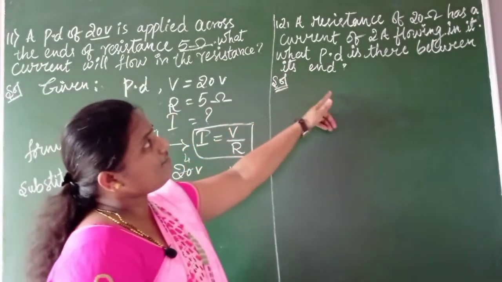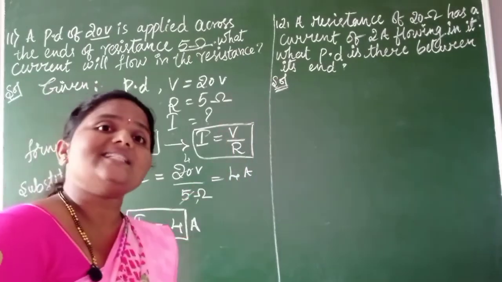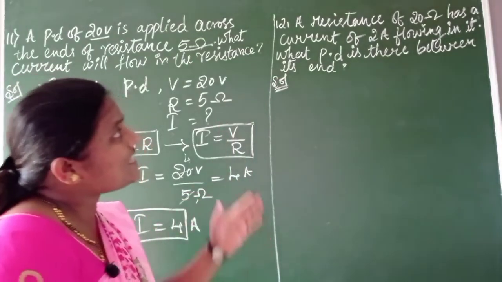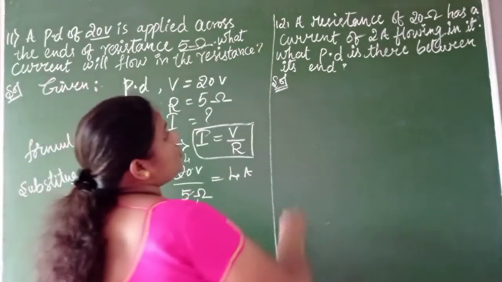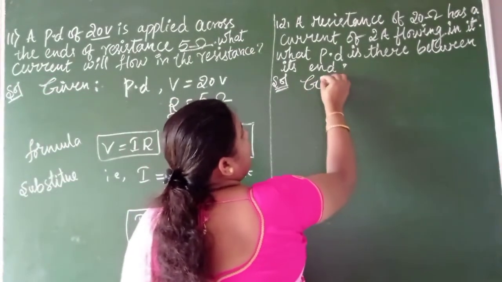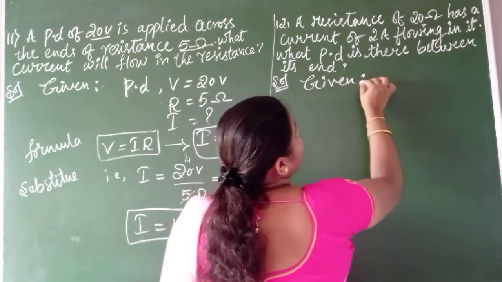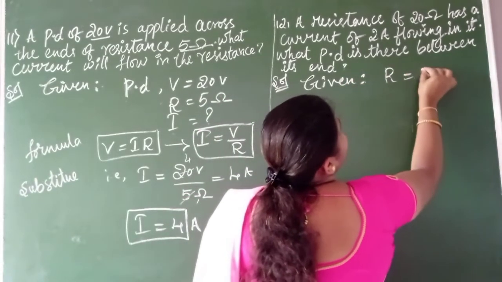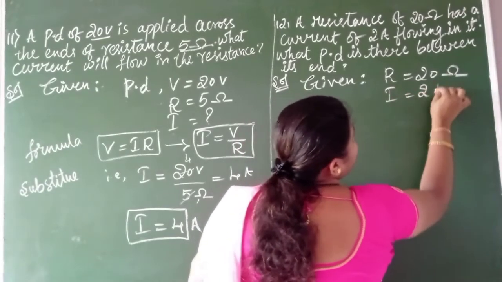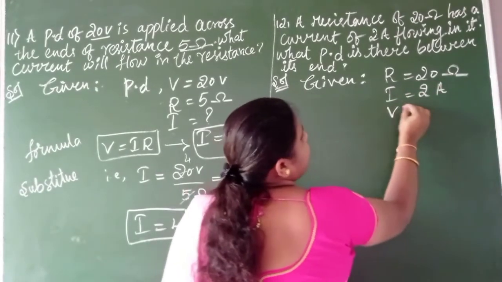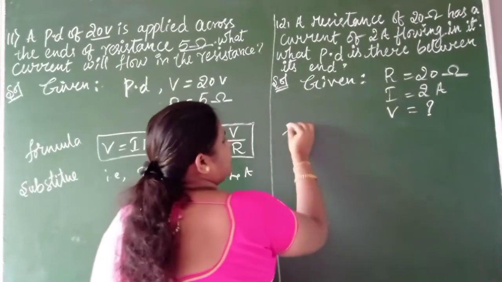Here, the current value is given and the resistance value is given. They asked us to calculate the voltage, that is, the potential difference value. So, using the same formula, R is equal to 20 ohms, I is equal to 2 amperes, then V is equal to how much?